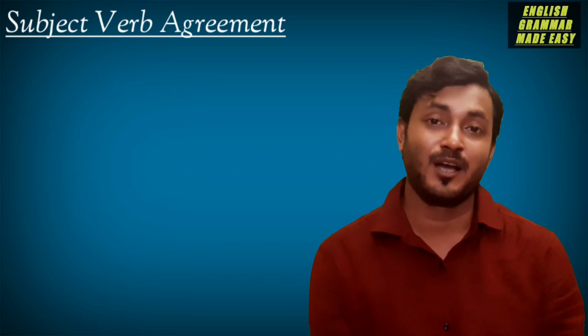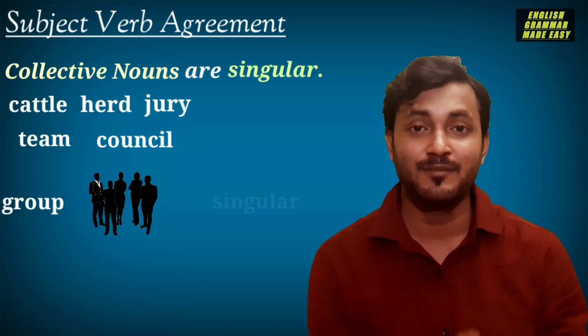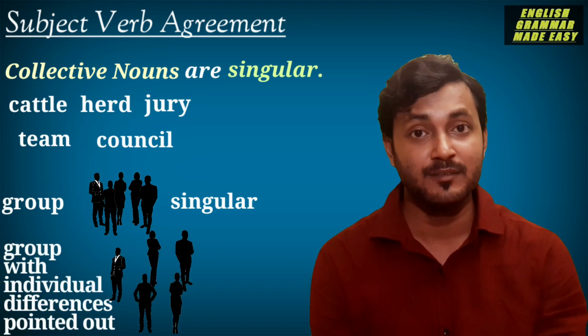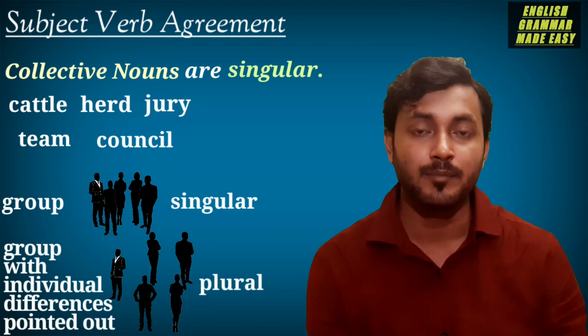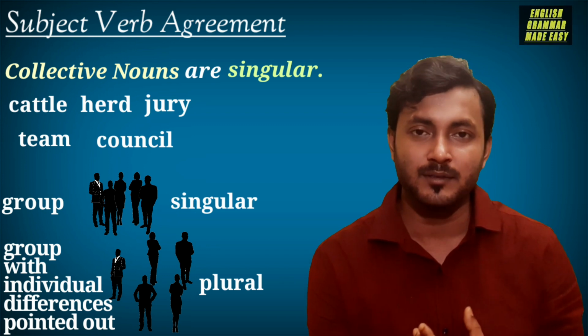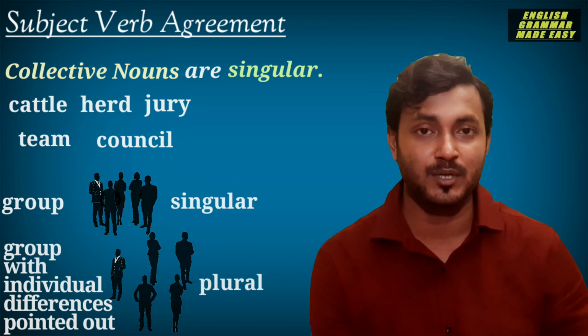Now, collective nouns. If you see collective nouns, they are treated to be singular. But if you talk about individuals in the group, then that becomes plural. This rule sounds very puzzling, but just look at it this way. I'm giving you one example.